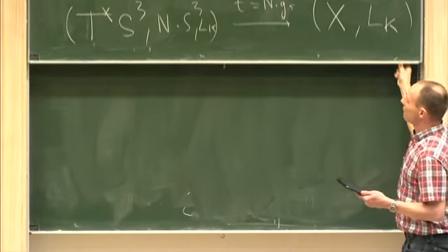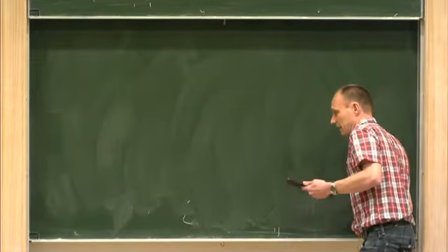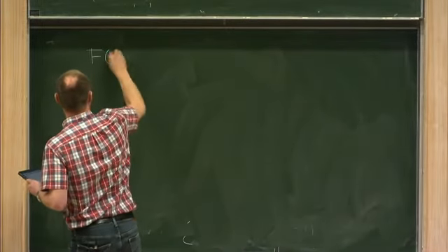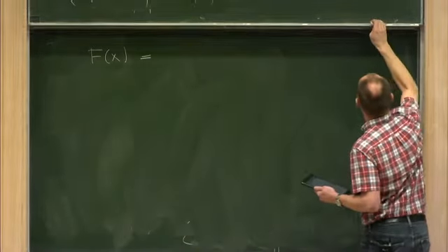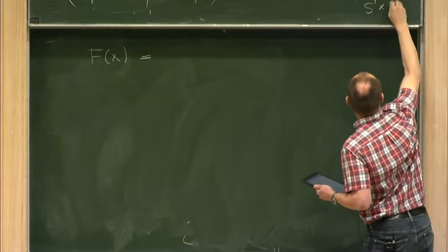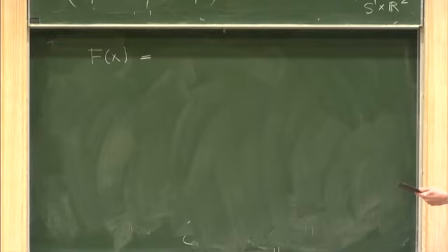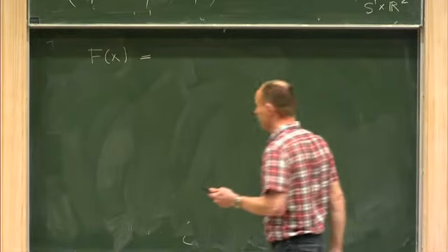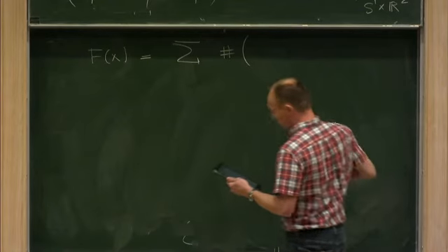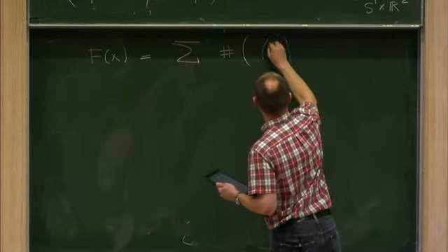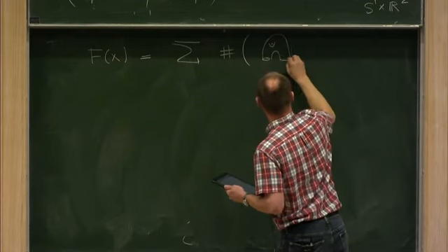So without telling you much about this story, the outcome is that if you take this L_K, I should say, is the conormal, so topologically it's just S^1 times R^2, and the S^1 is corresponding to the knot, so I want to think of this x as some kind of homology generator. So if you count, and this is of course difficult to count, but let me anyway say what we're doing.